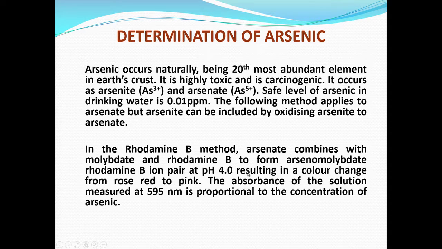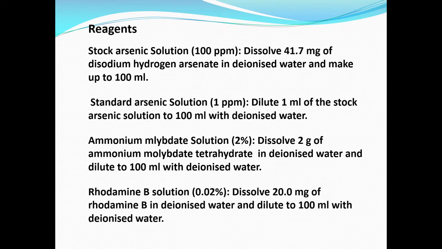The optimum pH is 4, which results in a color change from rose red to pink. The absorbance of the solution is measured at 595 nanometers, that follows Beer-Lambert's law, and the absorbance is proportional to the concentration of arsenic.